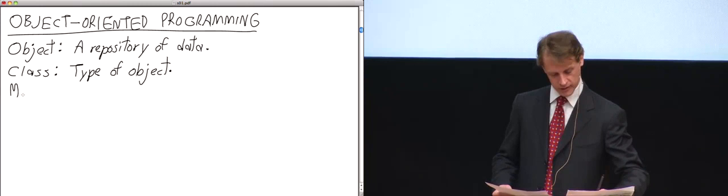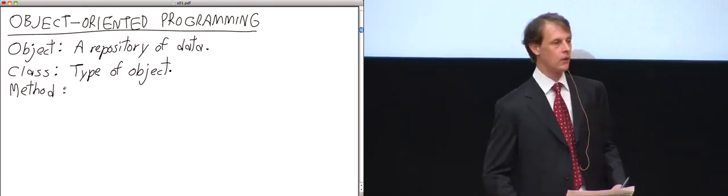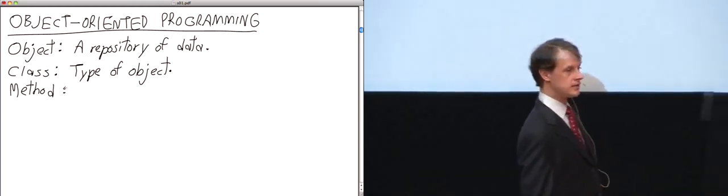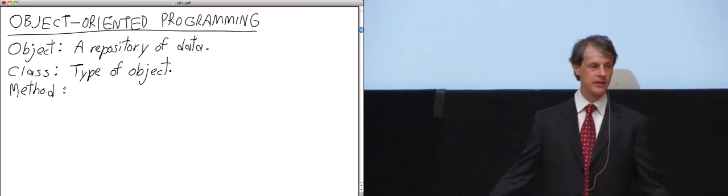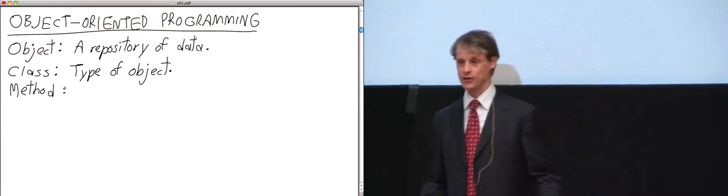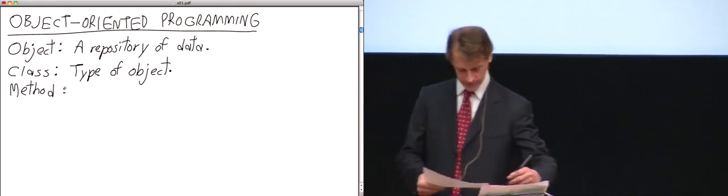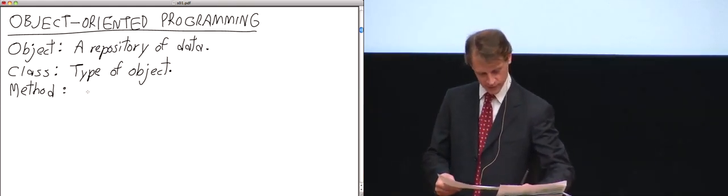Once you have objects of various classes, we want to do things with those objects, and so one way to do that is to call methods on them. Method is just another word for procedure or function. But the object-oriented weenies needed their own word for it, so here it is.